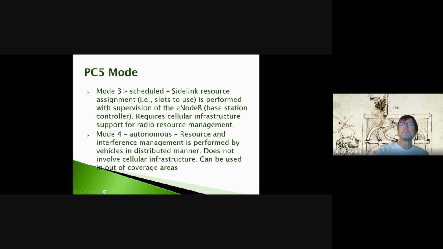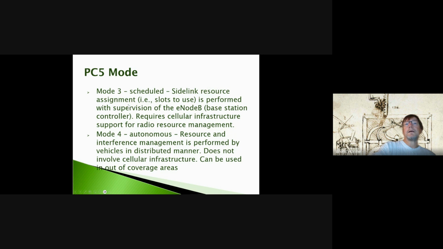And so in mode 3, the resource assignments, the frequencies and time slots to use, are going to be allocated by this base station controller. We call that eNodeB, enhanced node base station. I don't know, some of these things go back generations, and there's a lot of legacy associated with some of these terminologies, right?